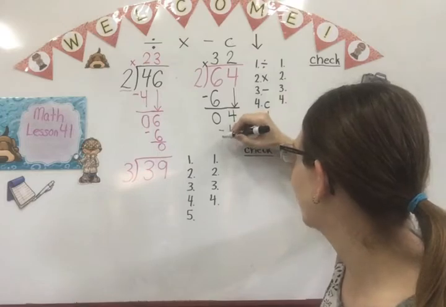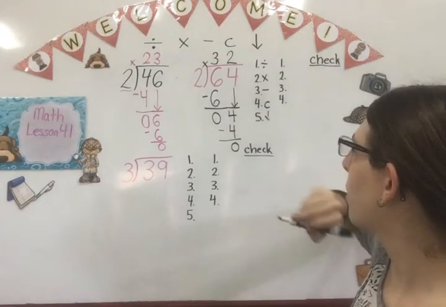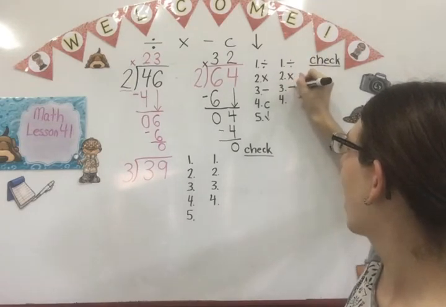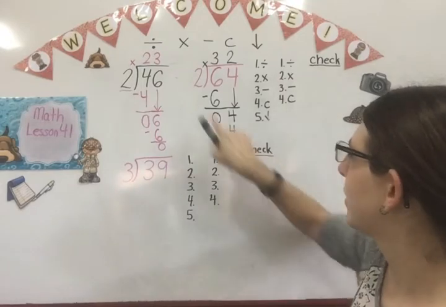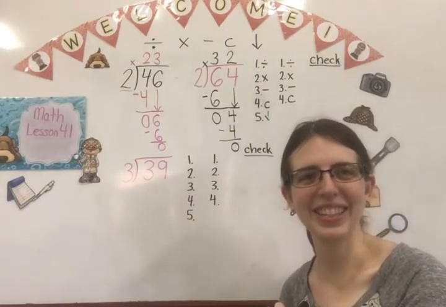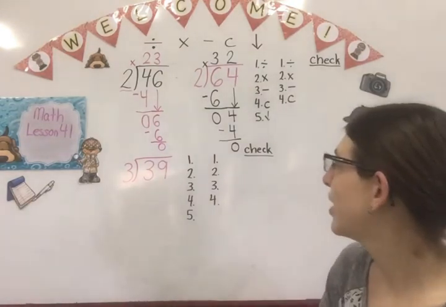Now I subtract, and I get a 0. So what were my steps? Divide, multiply, subtract, and now we compare. 0 to 2. Is 0 less than 2? Yes, it is. So my answer so far is good to go. Now I'm going to check it.